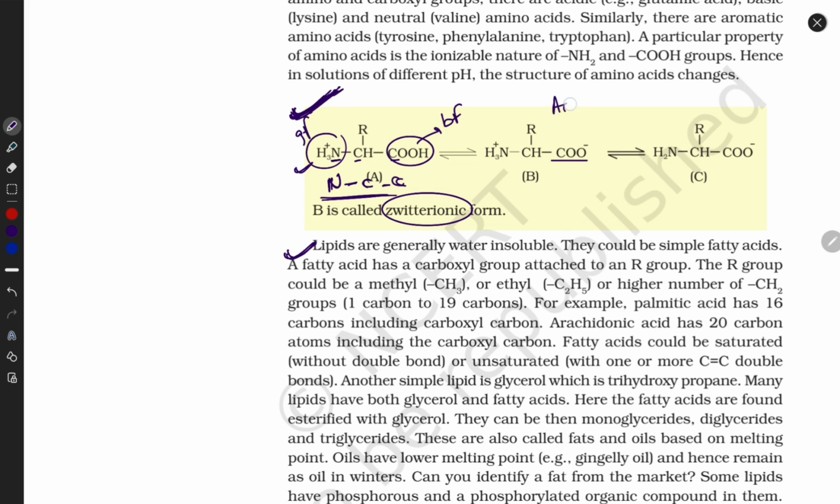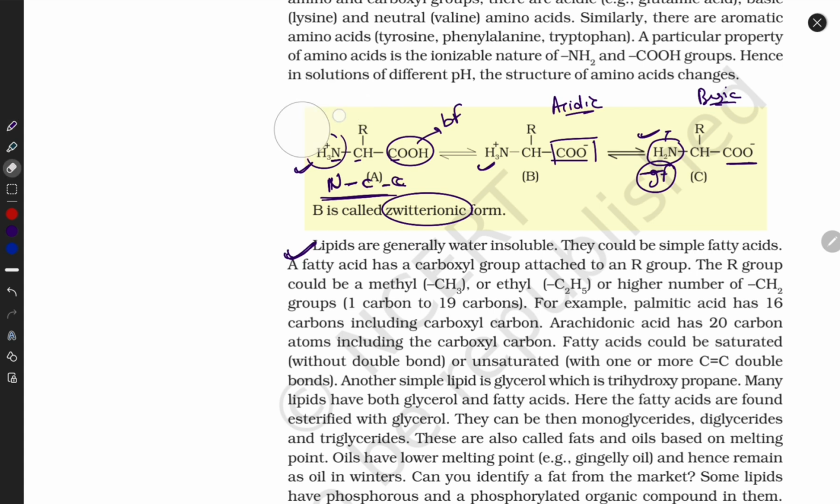If we provide an acidic medium, the carboxylic group donates its hydrogen, but the amino group still doesn't give its hydrogen. But in a basic medium the boyfriend has already given all his money, so now it is the girlfriend's turn, and the amino group donates its hydrogen.